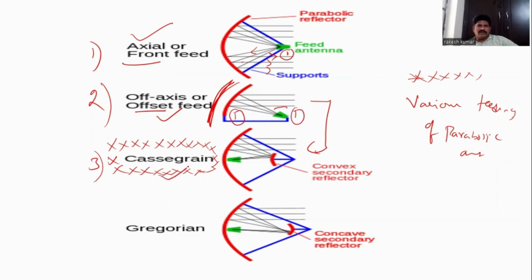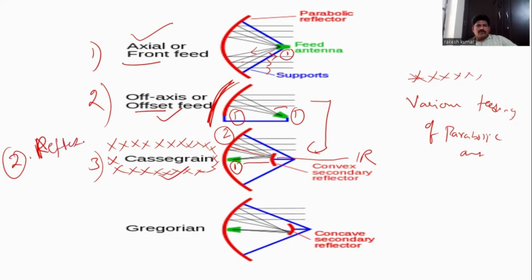Whereas in the Cassegrain, this is your primary antenna. First the rays fall on the first reflector, then the waves get reflected and fall again on the second. So totally, how many reflectors are in Cassegrain? Two reflectors are there.